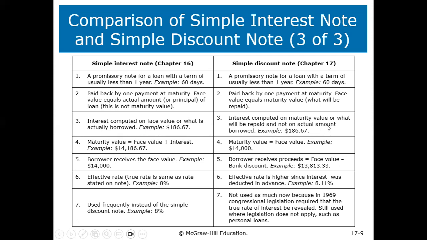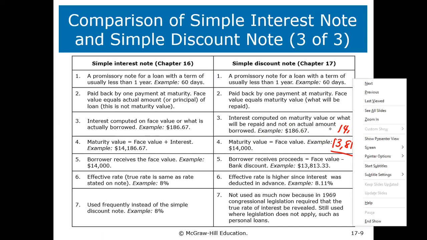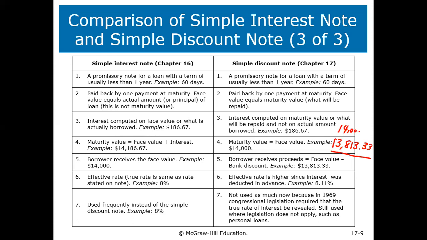Okay, take note. How do we compute for the interest here? It's a simple discount. How much did we get for the simple discount? Didn't we get 13,813.33, right? This is the proceeds. This is what we get. But when you compute for the interest, you're going to compute it based on 14,000 and not on the proceeds.